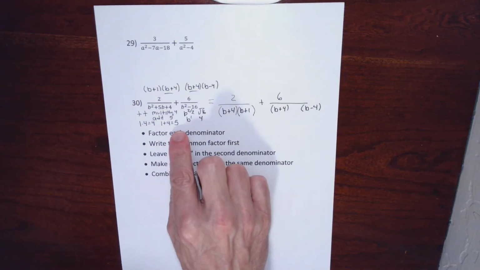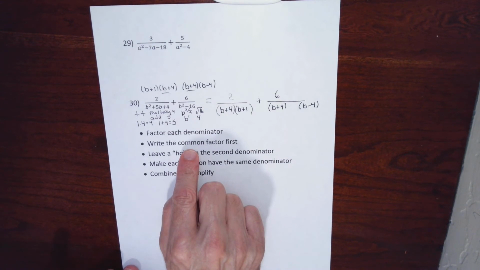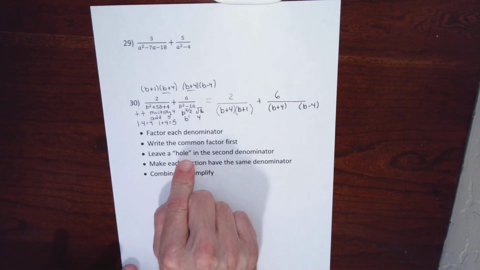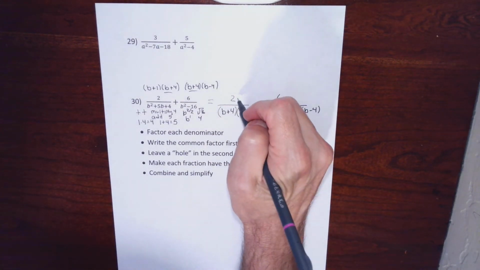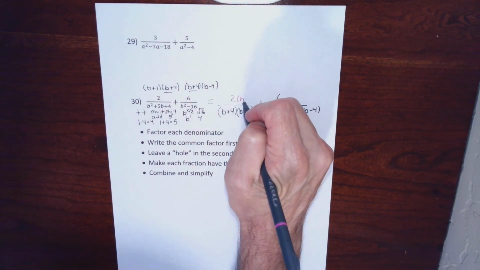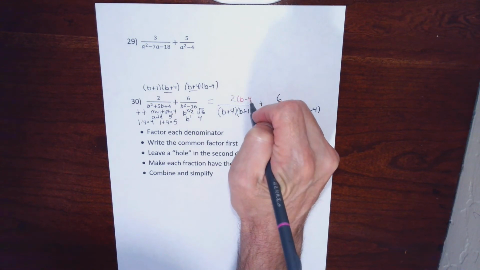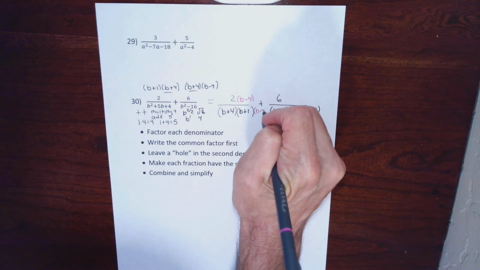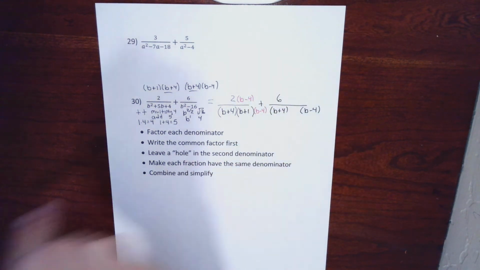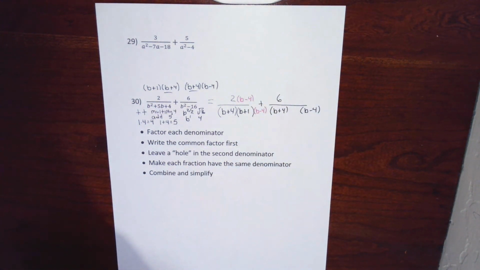So I factored my denominators, wrote the common factor first, and left a hole in the second denominator. Now I'm on to the step to make the denominators the same. To make each fraction have the same denominator, I basically multiply top and bottom by what makes it different. The first fraction has a b minus 4 missing. The second fraction has a b minus 4 in the denominator that the first one doesn't.